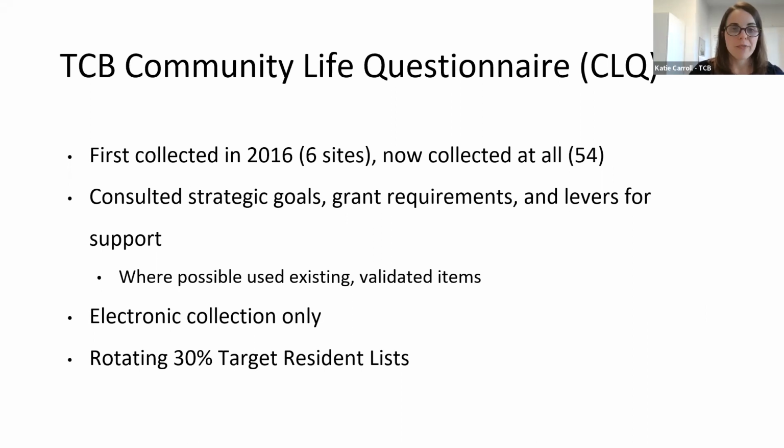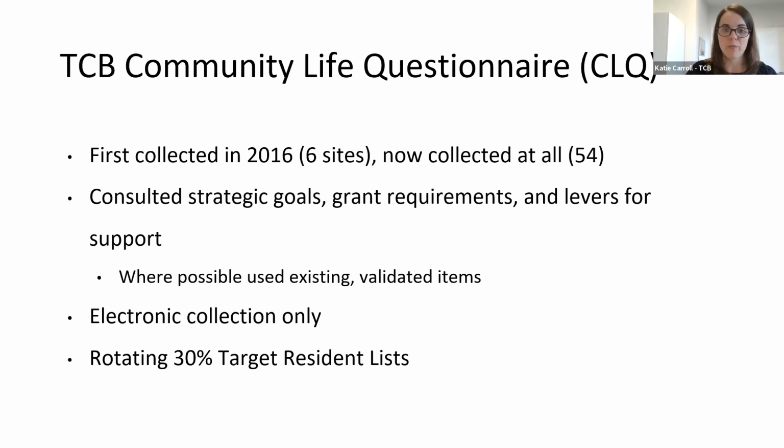This year, another thing we've tried to pilot is selecting a random sample of 30% of residents. Staff have received a target resident list generated by our data analyst. They reach out to those people and get their response. Then if someone completes the survey this year, they won't be asked to complete it again for 3 more years.